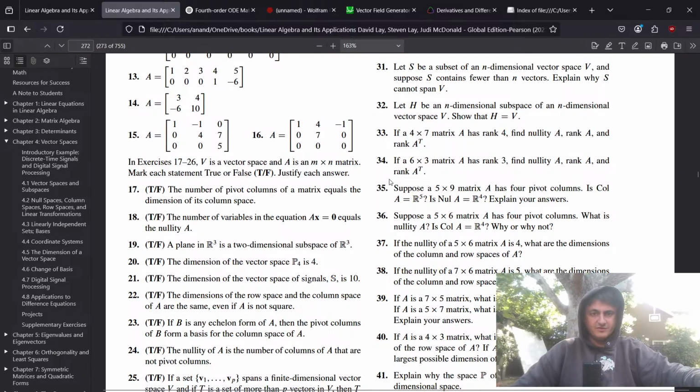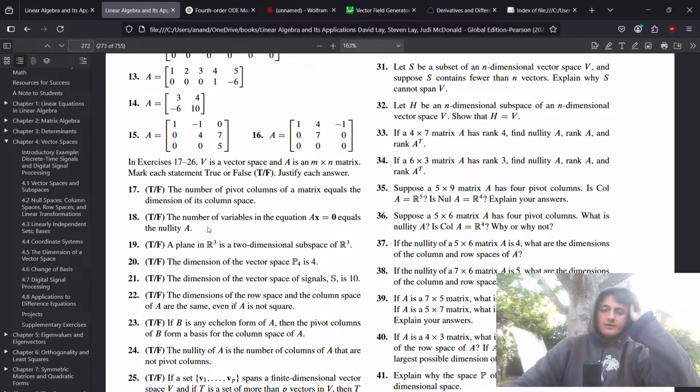The number of pivot columns of a matrix equals the dimension of its column space. That's true. The number of variables in the equation Ax equal to 0 equals the nullity. That's false. It's the free variables. Okay. 19.